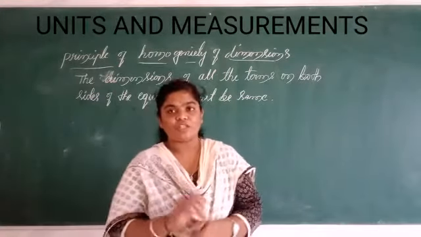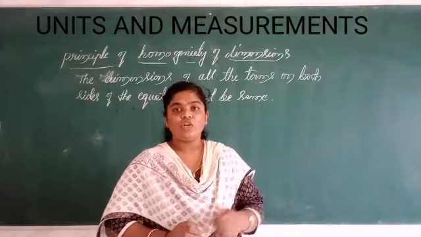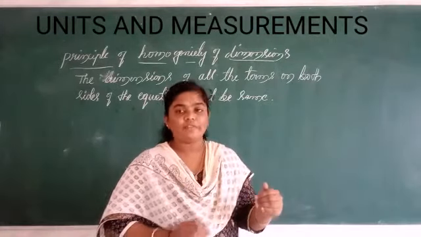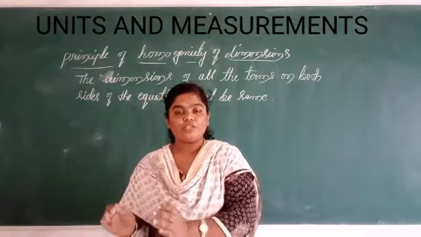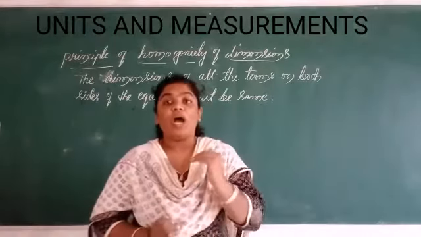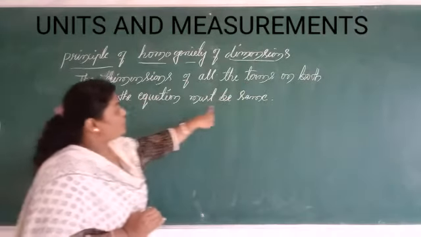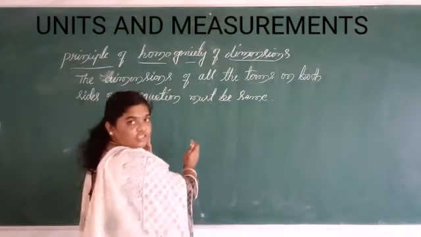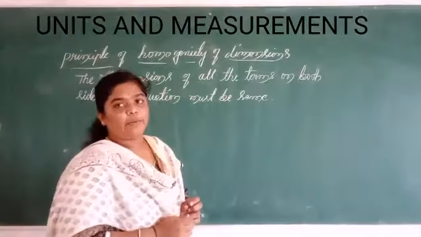In an equation there is an LHS and an RHS. The dimensions of the physical quantities on the LHS and on the RHS must be equal. Whatever dimension comes on the LHS, the same dimension must come on the RHS.